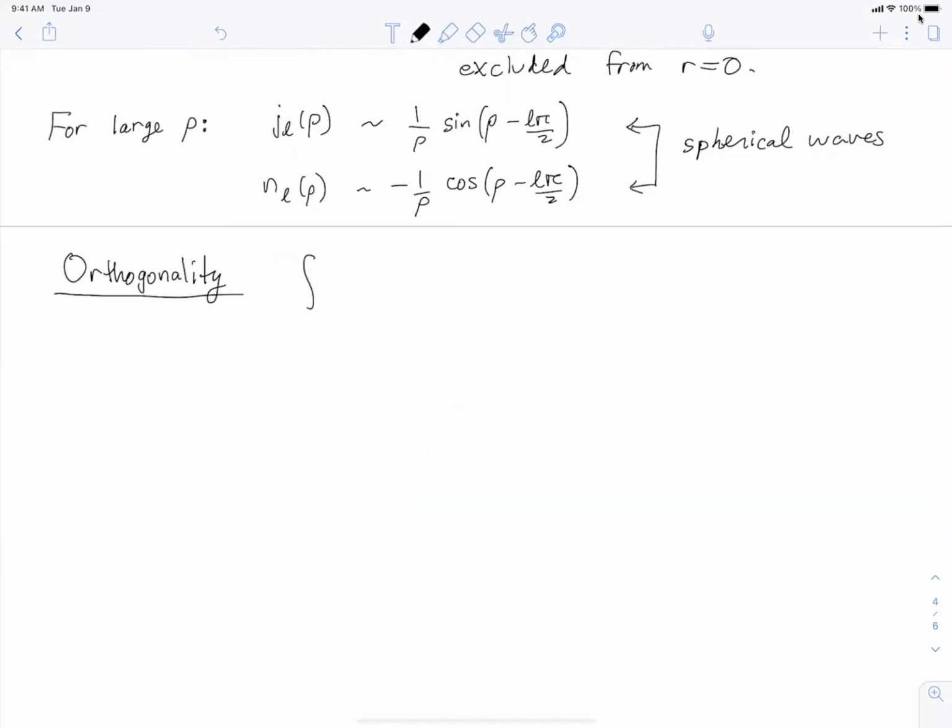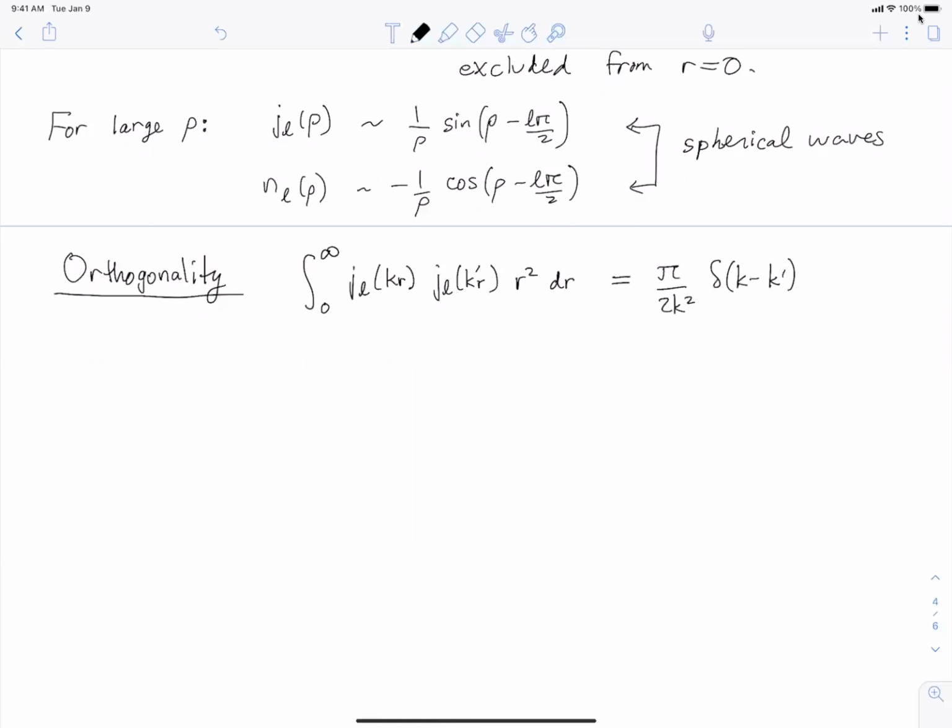If you do an integral from 0 to infinity of a spherical Bessel function, and I'm going to rewrite this in terms of k times r instead of rho, and I'm multiplying together two spherical Bessel functions with different values of k, so one of them is called k and the other one's called k prime, and then because we're in spherical coordinates, I'm multiplying by r squared dr. This turns out to be equal to pi over 2k squared times a delta function, k minus k prime.